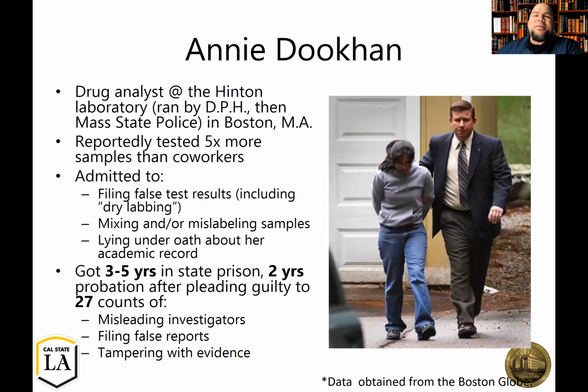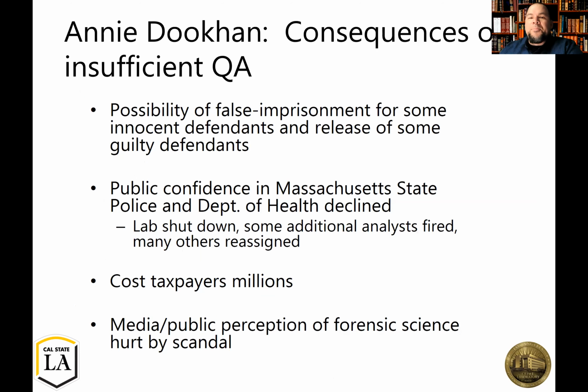Oh, Annie Dookhan. Boy, you'll always hear about Annie Dookhan forever because of the epic things that she admitted to, falsifying, dry labbing, all those things. She did get sentenced to some prison time, but mostly probation, and she did plead guilty to the things that she did.